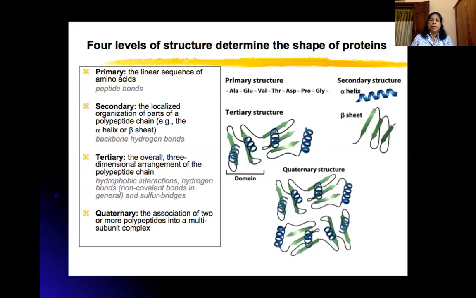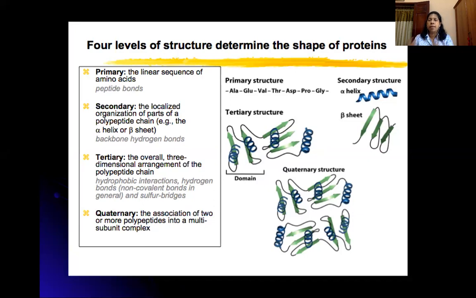And for the secondary structure, there are 2 structures, alpha helix and beta sheet. This is the localized organization of part of a polypeptide chain. The alpha helix and beta sheets can form because it's not a linear structure; one end is joined with the other end of the amino acids in the protein.